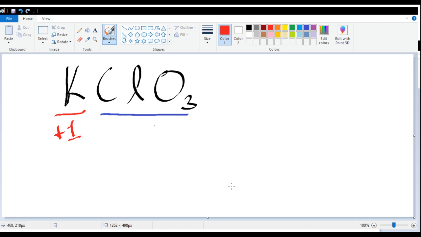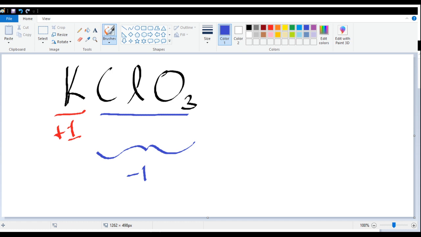Now we come over here to chlorate. So chlorate as a whole has to add up to -1 because chlorate as a whole has a charge of -1. You'll never ever stop having to remember to memorize really your polyatomic ions. Sorry, just the way it is.